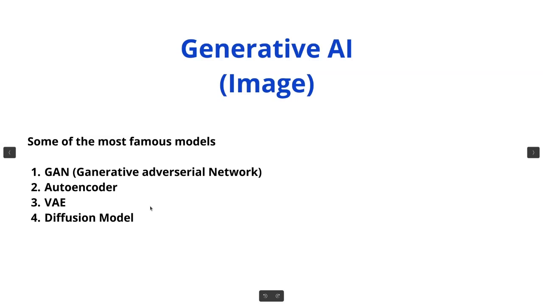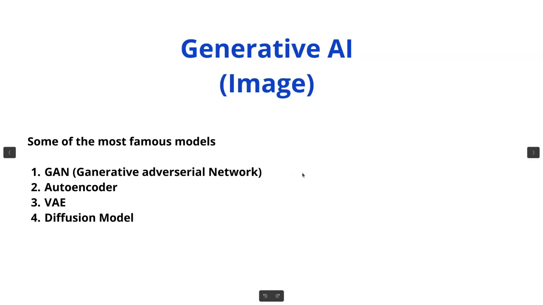Now, in this course, we cover VAE in depth, meaning we create a project with the help of VAE, and for GANs, autoencoder, and diffusion model, we only learn a summary, because the diffusion model is a very advanced topic, and to tackle it you need to learn what VAE is, what latent space is, etc. So we only cover this variational autoencoder project, because if you learn about it, you get a lot of information to tackle diffusion models and GANs.